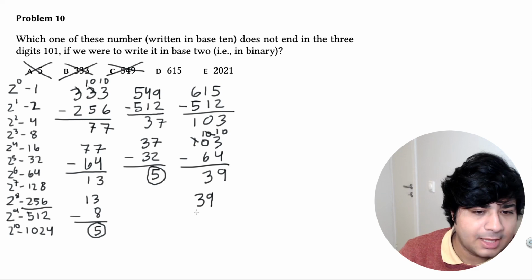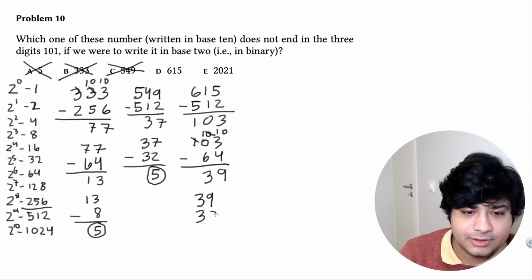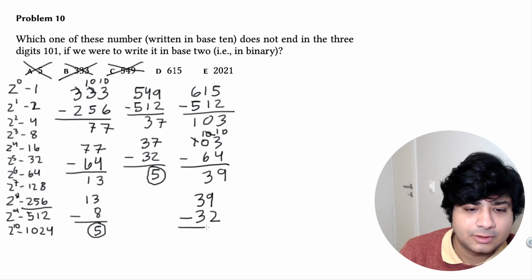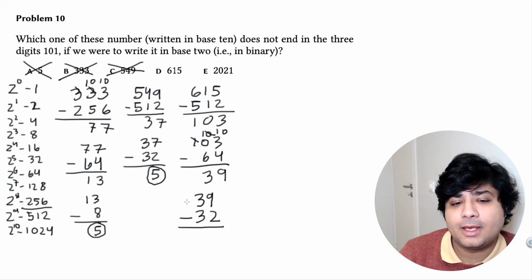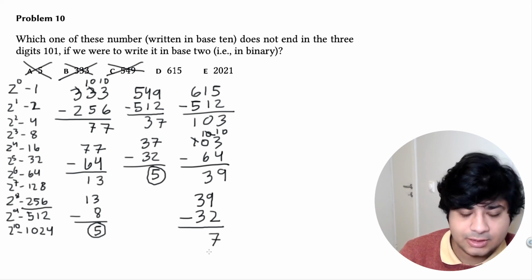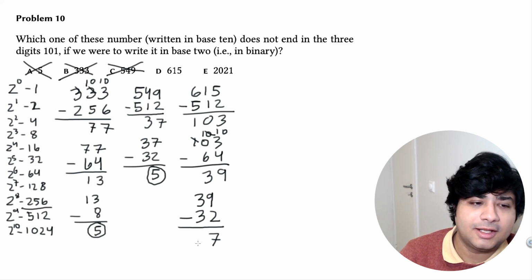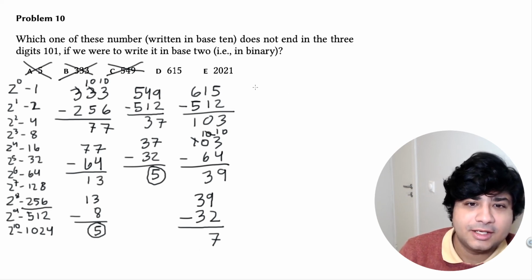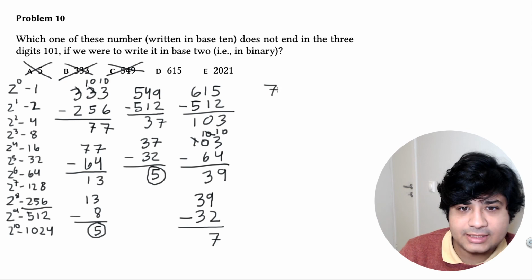And it's going to be 32. Which is going to be, how much is that going to be? That's going to be a 7. That's interesting. So 7, what's the highest number that goes into that?